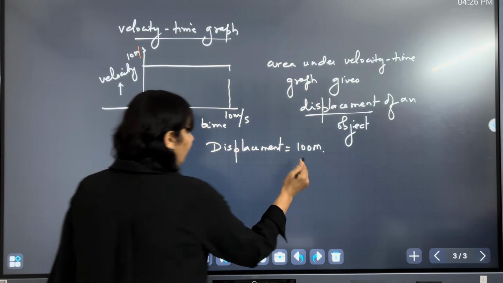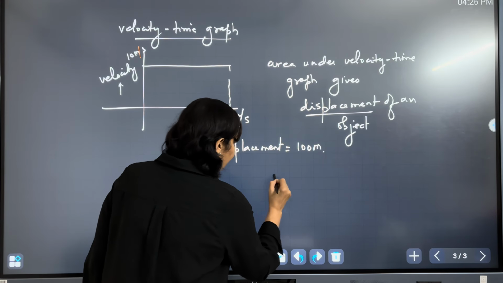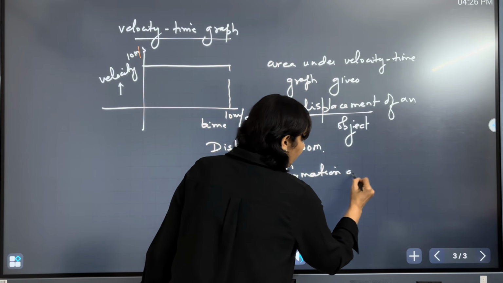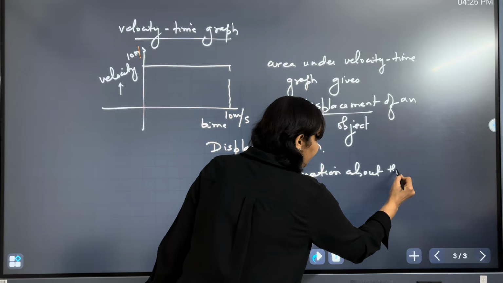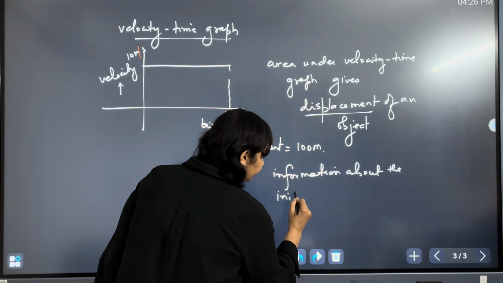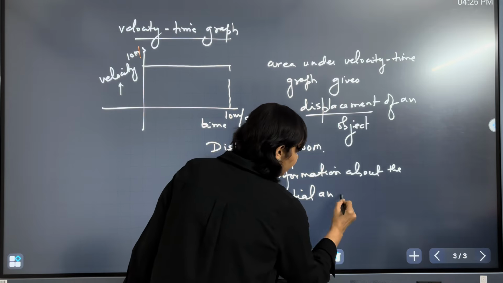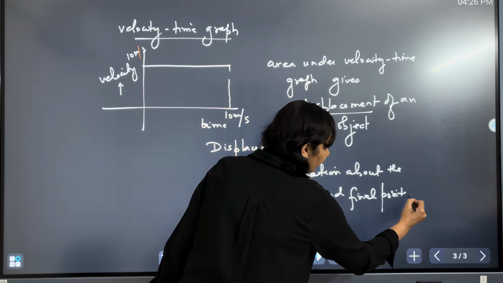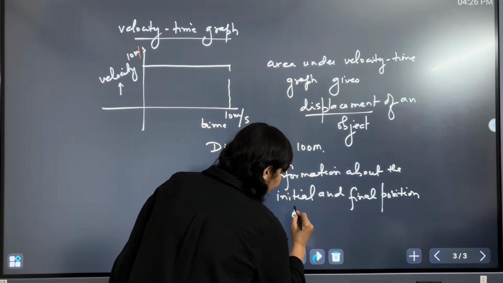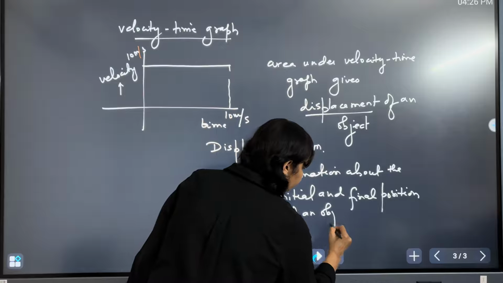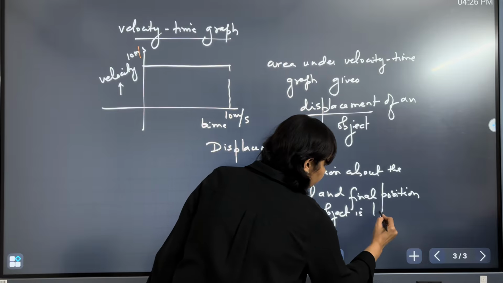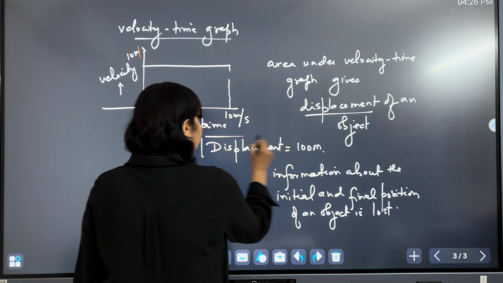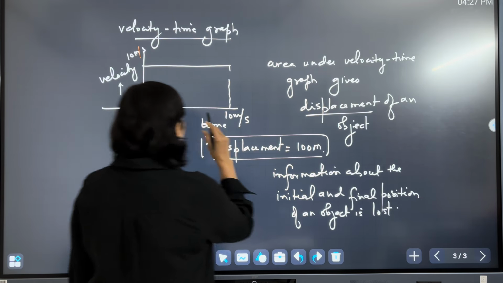This is a very important lesson to be learned, that information about the initial and final position of an object is lost. So this is what we get from this graph.